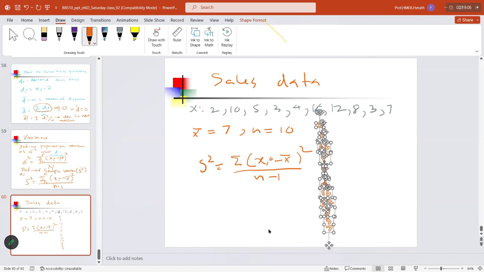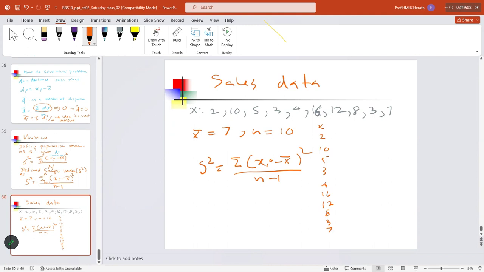We can get x minus x bar: minus 5, 3, minus 2, minus 4, minus 3, 9, 5, 1, minus 4, 0.